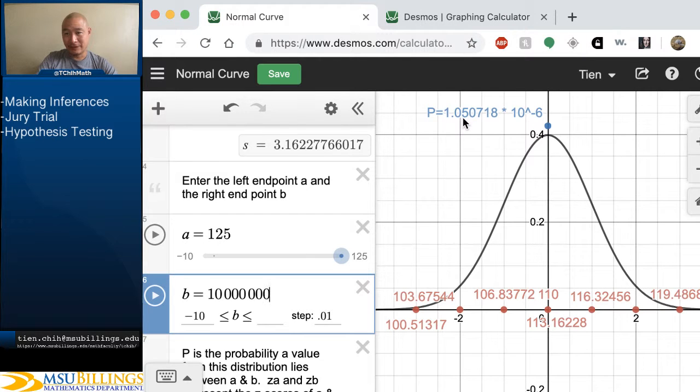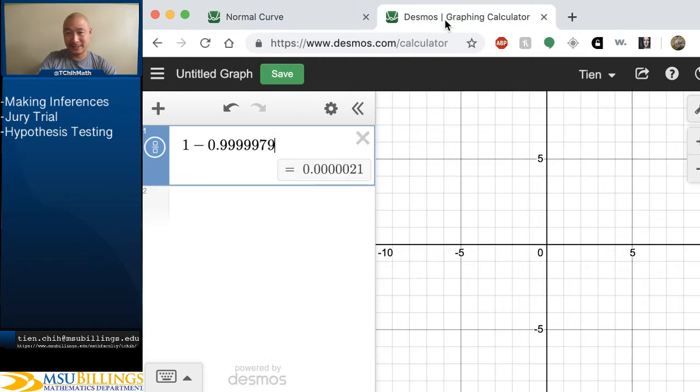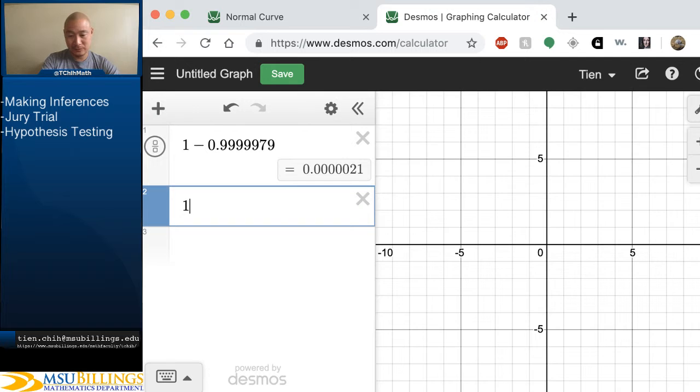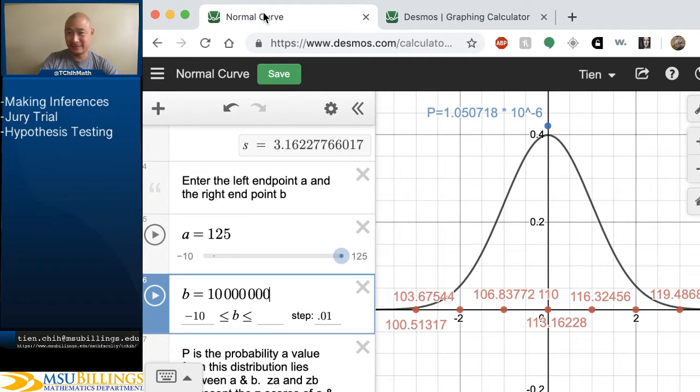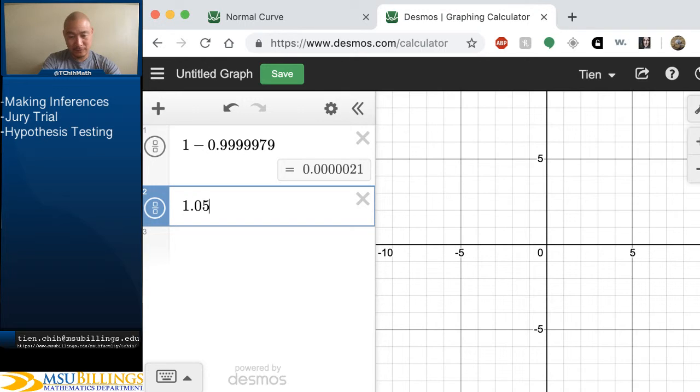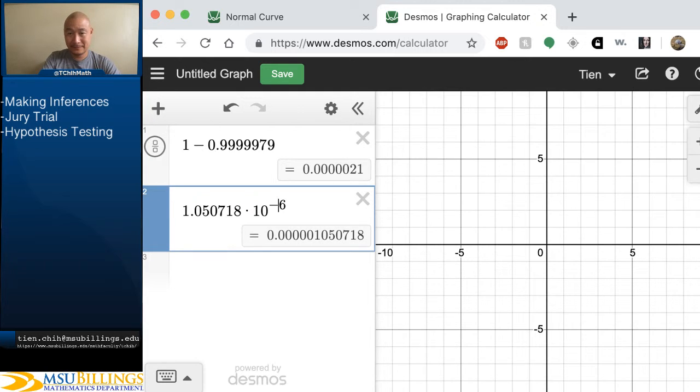And I get 1.50718 times 10 to the minus 6. What is it? 0.50718 times 10 to the minus 6.